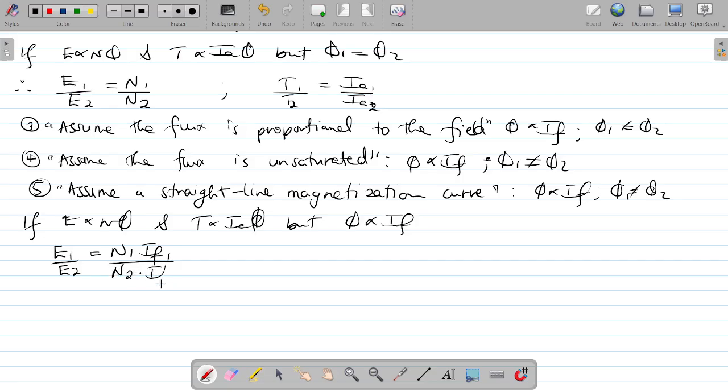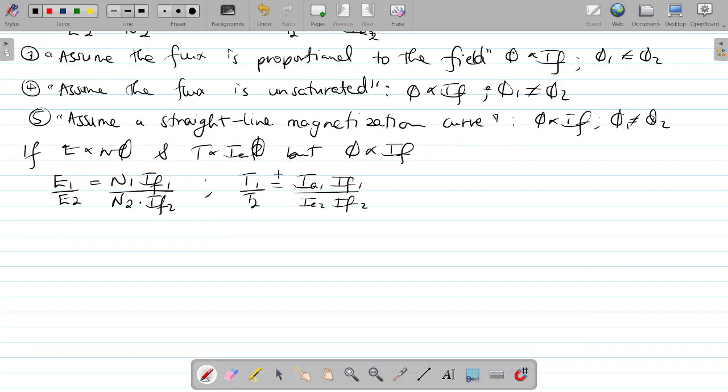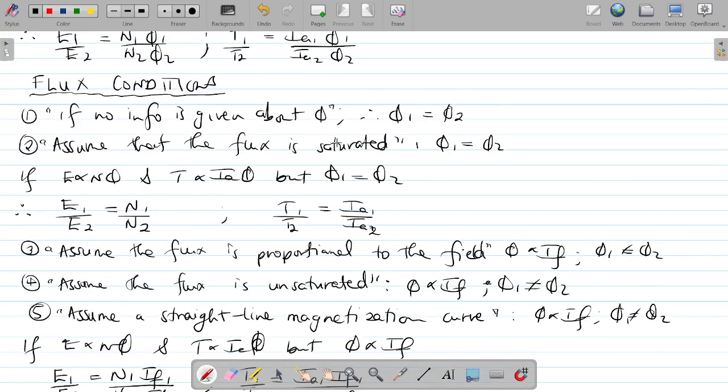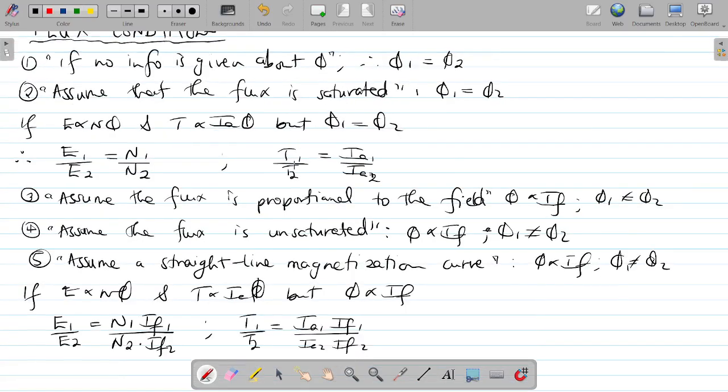That's all. So in the torque formula T1 over T2, IA1, where I'm supposed to have flux, instead of writing useful flux, I'm writing IF1 over IA2 IF2. And so that is how you would use these conditions. These are the main conditions they typically ask us about. I don't see them asking us anything else beyond these.